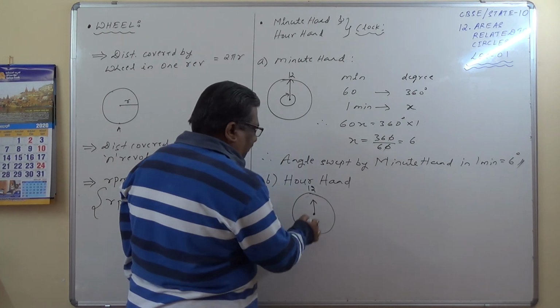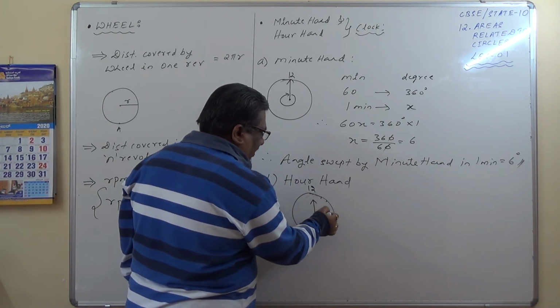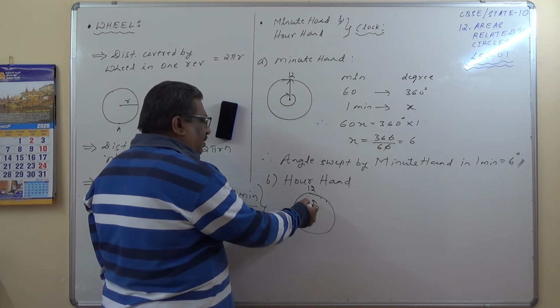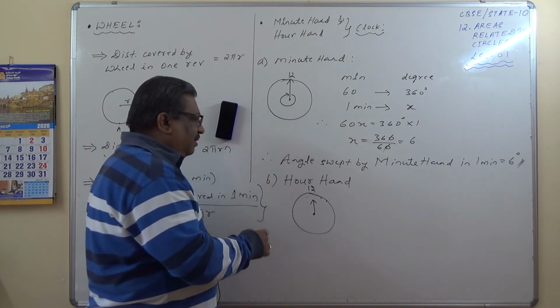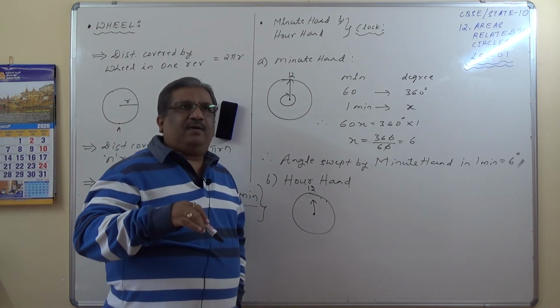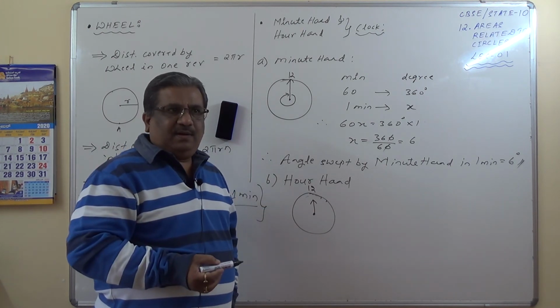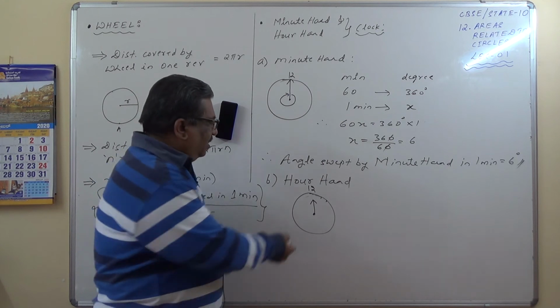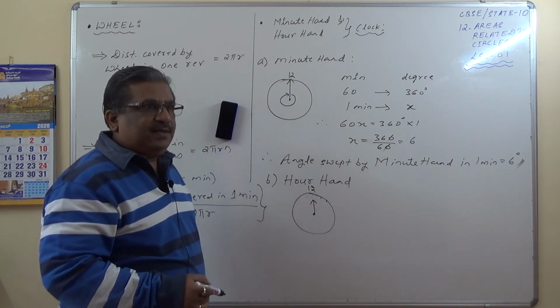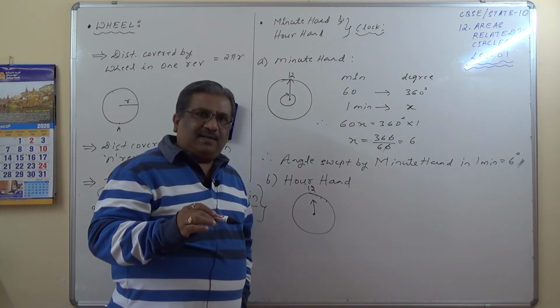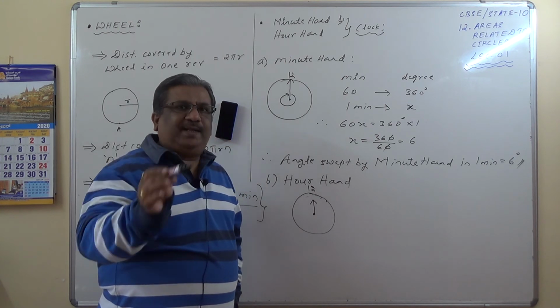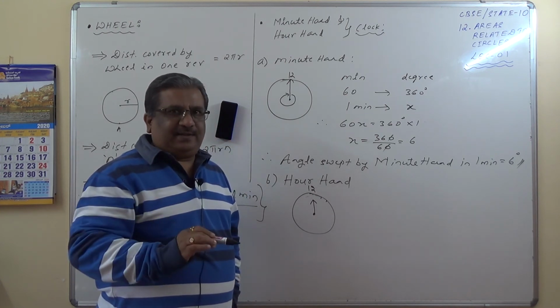This is 12 here. So 1 will be there, 2, something like this, all this reading. So the hour hand will undergo one complete revolution in how many hours? In 12 hours. That means in 12 hours the angle swept by the hour hand is 360 degrees.